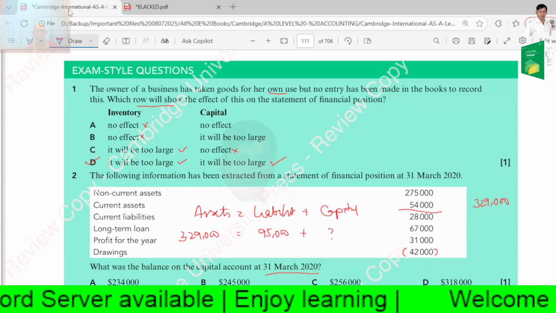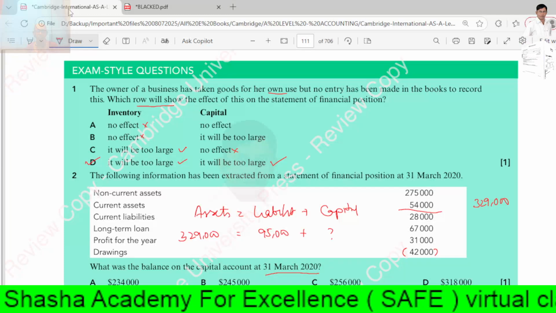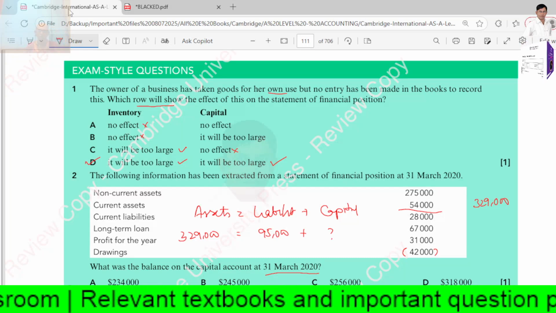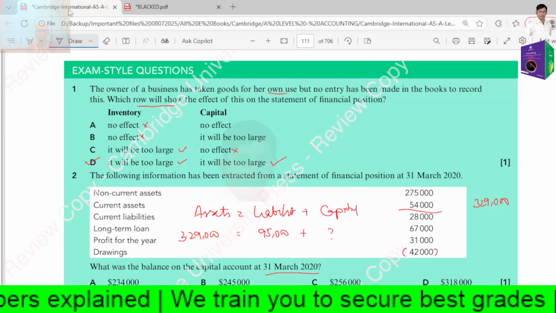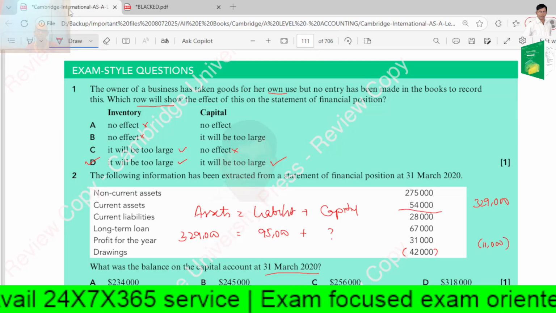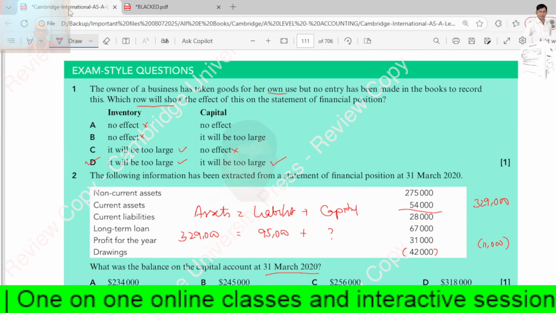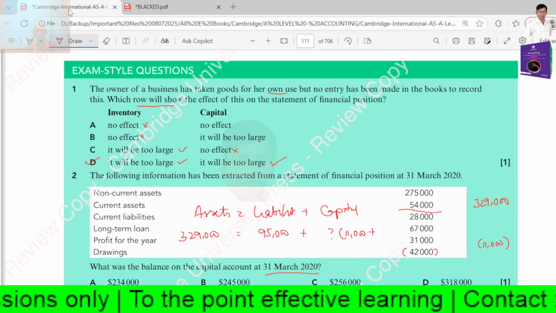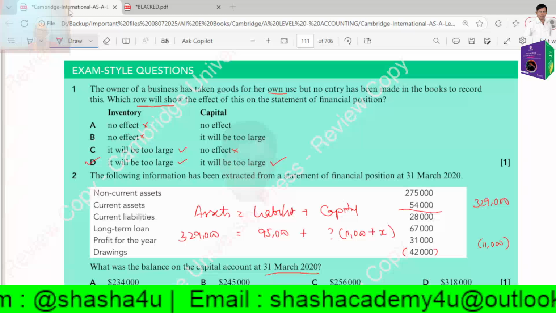So 31,000 minus 42,000, so it is minus 11,000, plus X, some amount. Okay, so there is some amount which is X.